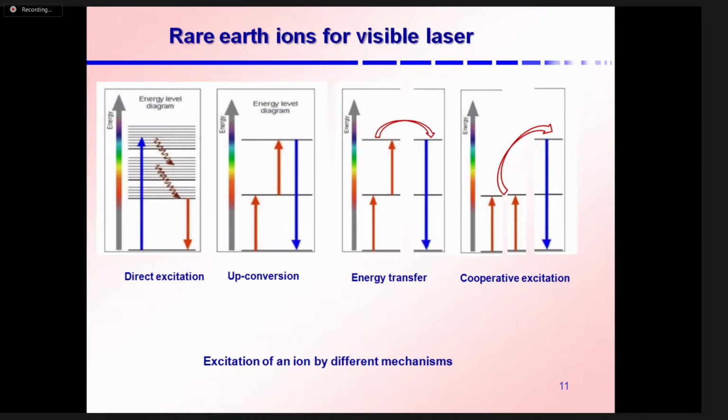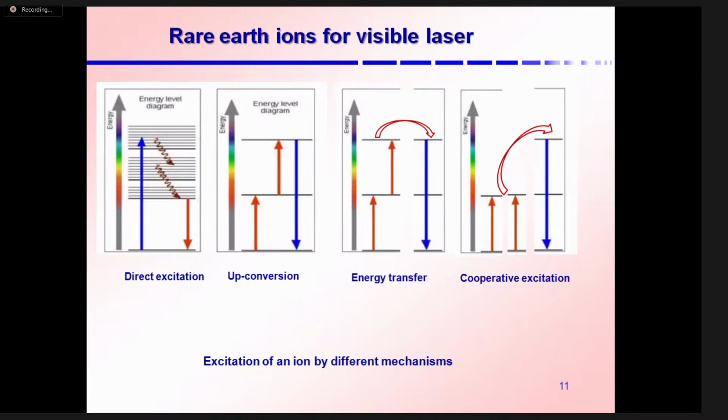And if you want to have high power, then there can be two-photon absorption that can limit the output power of your laser. Then there can be up conversion.